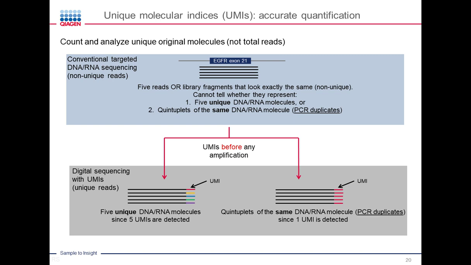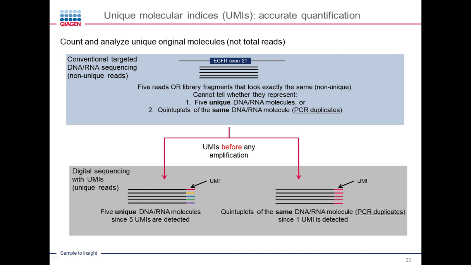With conventional targeted DNA or RNA sequencing approaches that analyze data based on non-unique reads, if you have 5 different reads mapping back to exon 21 of EGFR, it is very difficult to differentiate between two scenarios: having 5 unique DNA or RNA molecules, or quintuplets of the same DNA or RNA molecule. Basically, you're looking at PCR duplicates.